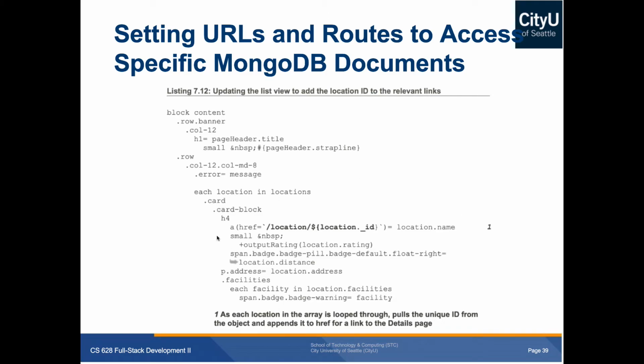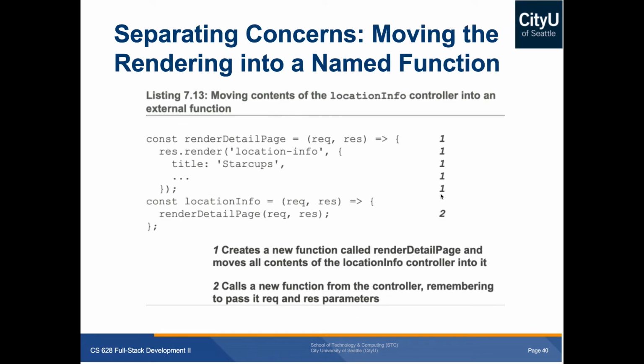So the location name is also assigned a hyperlink that when it's clicked, it's basically going to request this route, the location and the specific location ID that's associated with that location, right?